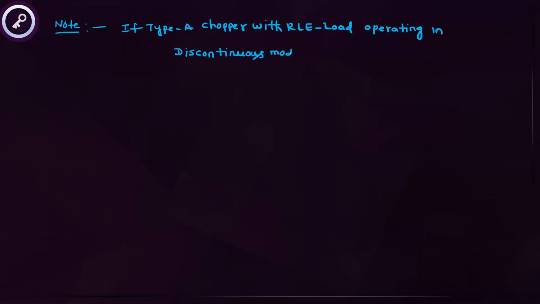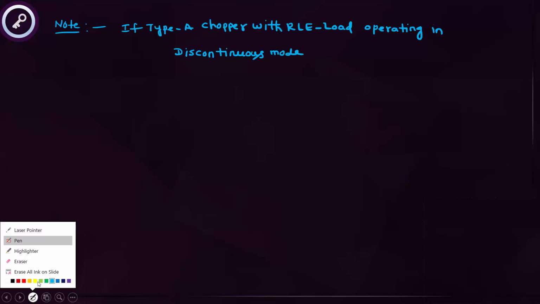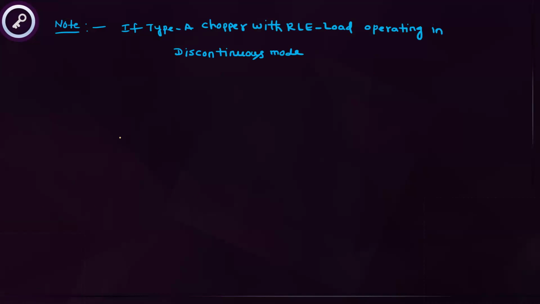Type A chopper with RLE load operating in discontinuous mode, then how can you get the expression? Listen, students.